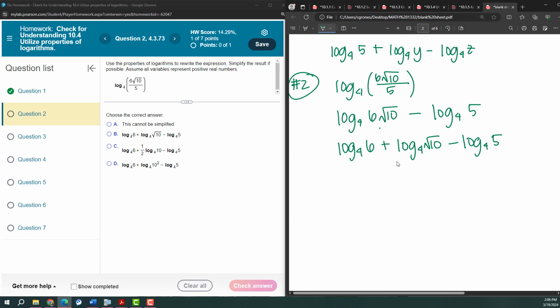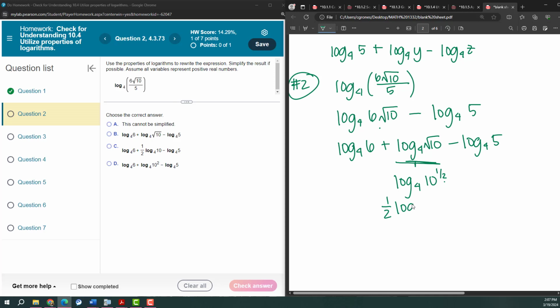All right, so our middle piece, we are going to continue to simplify this. So remember, your square root is the same thing as that number to the power of 1 over 2. So we can rewrite our square root as 10 to the 1 over 2 power. Remember also, anytime we have our exponent, we can move that to the front.